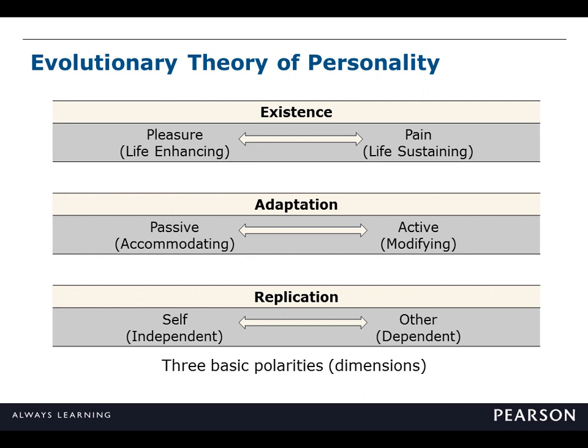So what we begin with are these 3 polarities, the first of which being the idea of existence, a major motivator in terms of how one organism, in this case we're talking about personalities, how it is that they gear into their world.